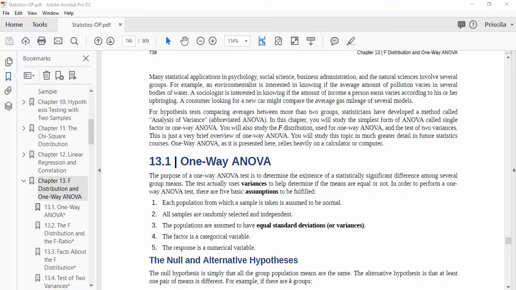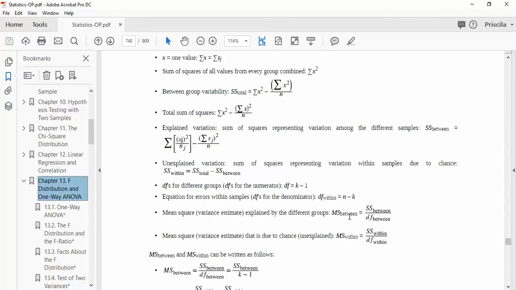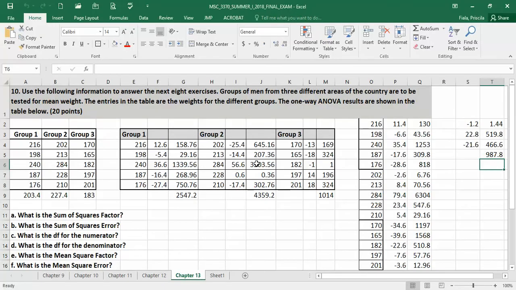I could go ahead and show you how to calculate all these formulas over here, which I did. Here's your final exam, as a matter of fact, chapter 13. I typed here the group numbers.